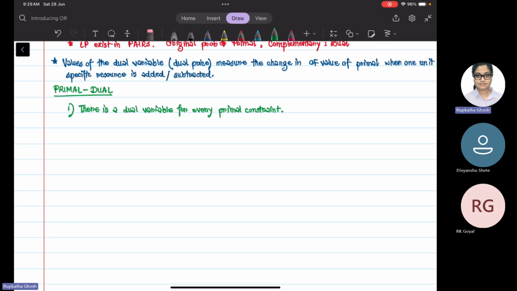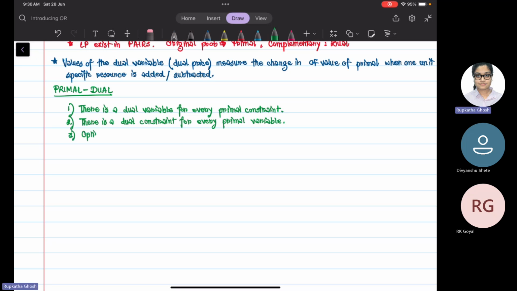Just like we saw, you had 3 constraints in your primal model, so you had 3 dual variables in your dual model. Similarly, there is a dual constraint for every primal variable. For example, you had 2 primal variables, A and B. Similarly, you had 2 dual constraints.